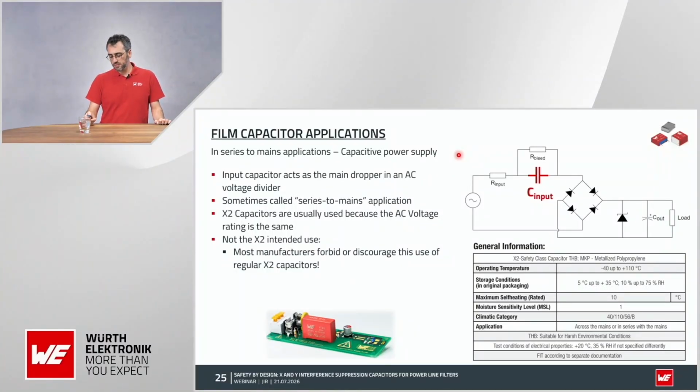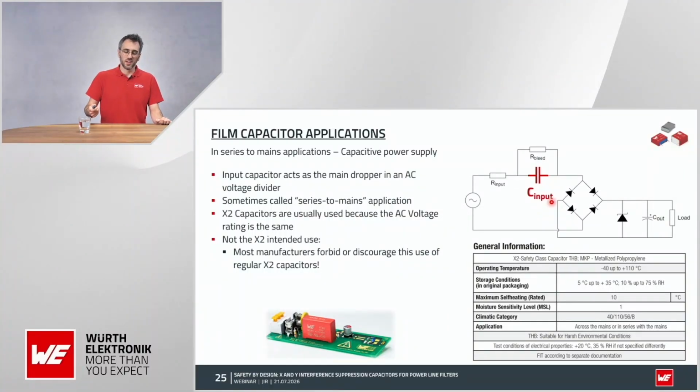And the problem here is that in the moment where we are losing capacitance due to degradation and different self-healing effects, we are losing the capability to burden this voltage, and then the power supply will stop working after we drop a third in capacitance.